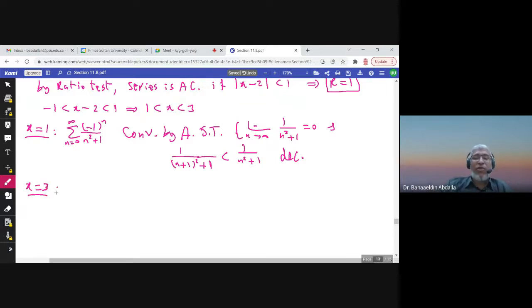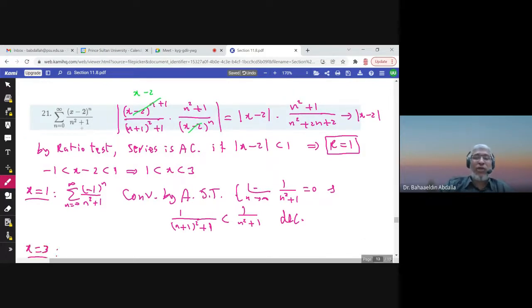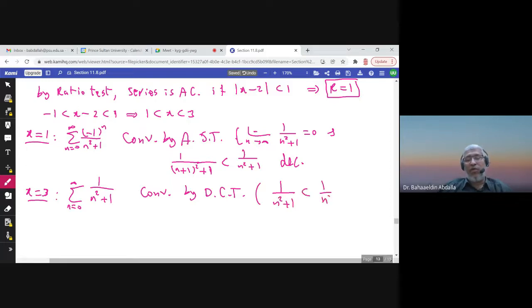While when x equals 3, I have 3 minus 2, that's 1 to the power n, so it's 1. So I have 1 over n squared plus 1. And this is convergent by the direct comparison test, because 1 over n squared plus 1 is less than 1 over n squared.